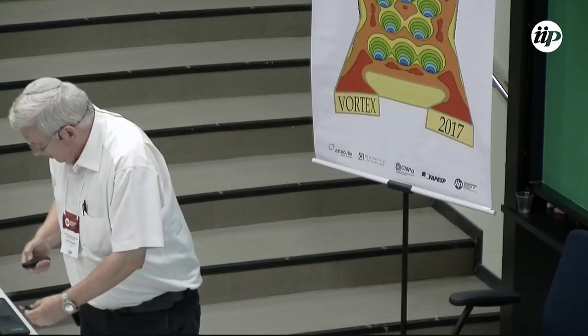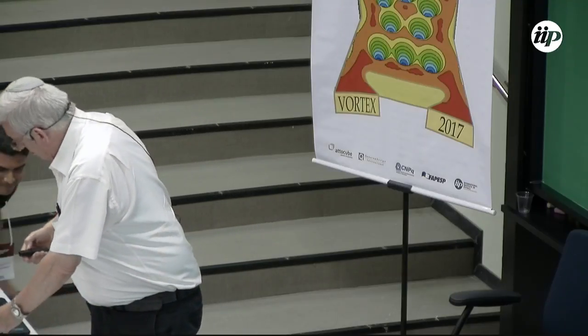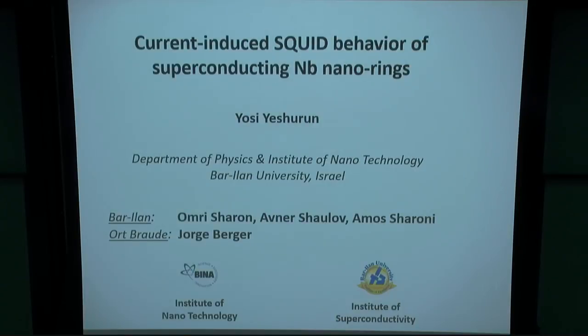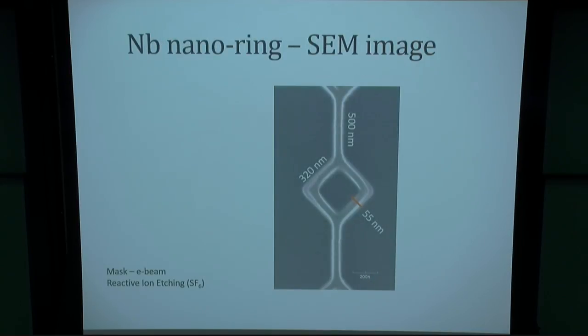And just as an abstract for the experimental work, I want to show you first the ring itself. The dimensions are indicated here, and the arms. I use the word arm, which I adopted from a paper by Dejean.